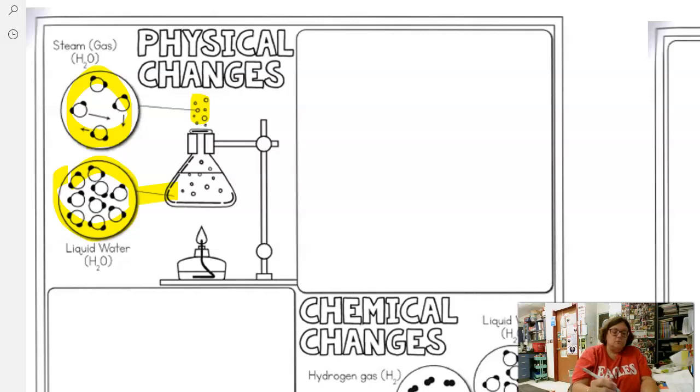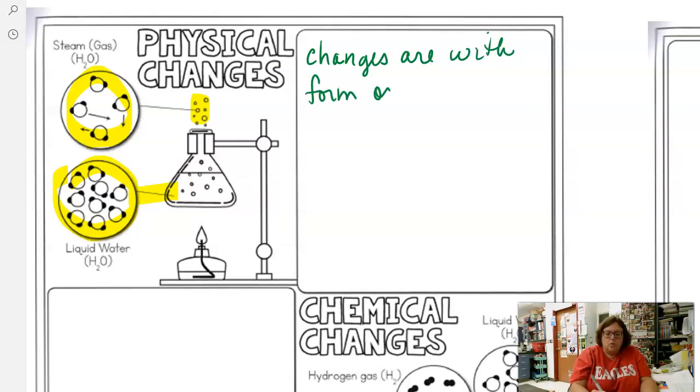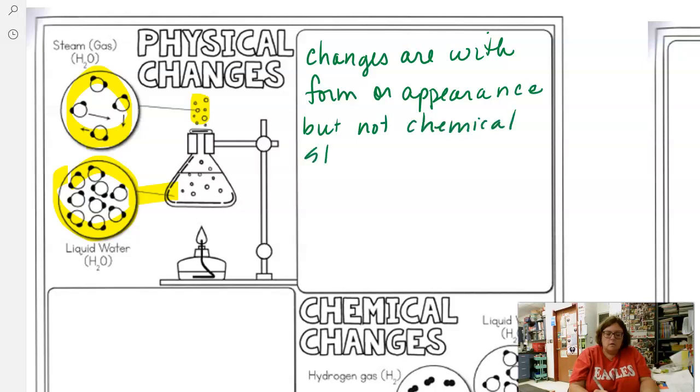When you have a physical change, changes are with the form or appearance, but not the structure. All right.